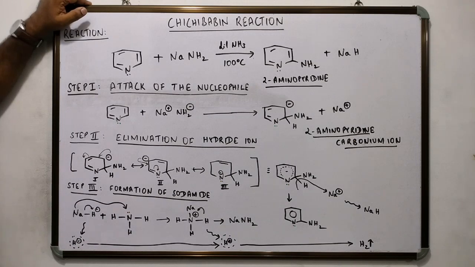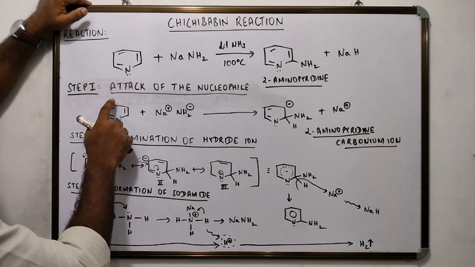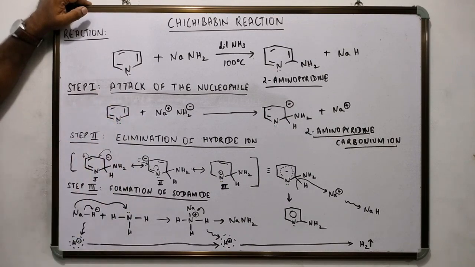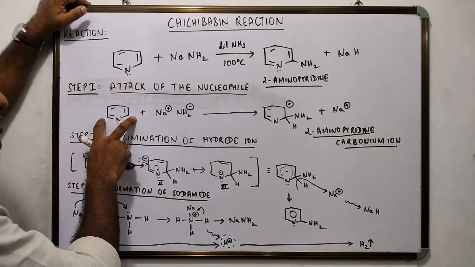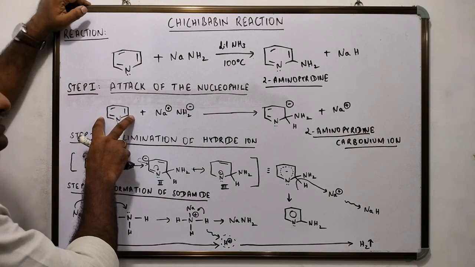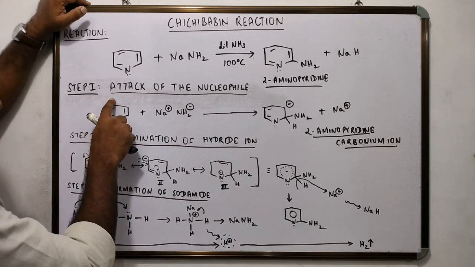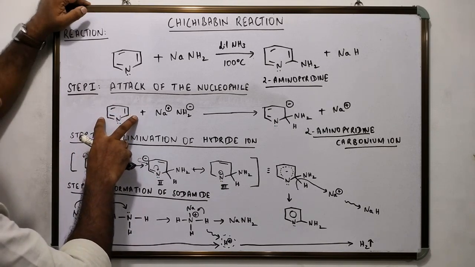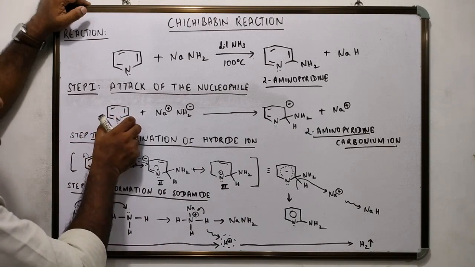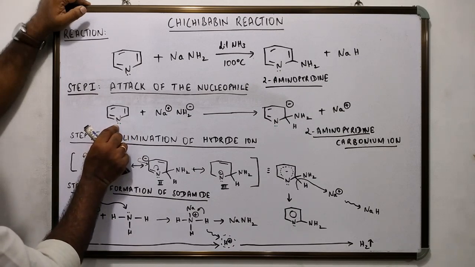Reason number 2. There are 2 ortho positions compared to only 1 para position. Reason number 3. The electron scarcity, or the intensity of the positive sign, is much higher at the ortho position than at the para position. This is because the ortho position is in close proximity to the electronegative nitrogen.